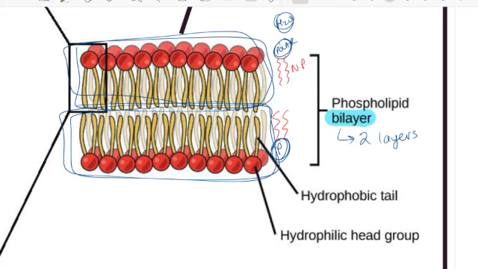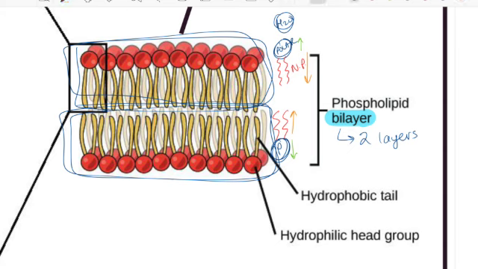So the polar parts want to face the water because they like water. It's hydrophilic, so it's water loving. But the nonpolar tails want to face each other. They don't want to hang out with the water. They want to stay away from the water, so they hide in the core here.